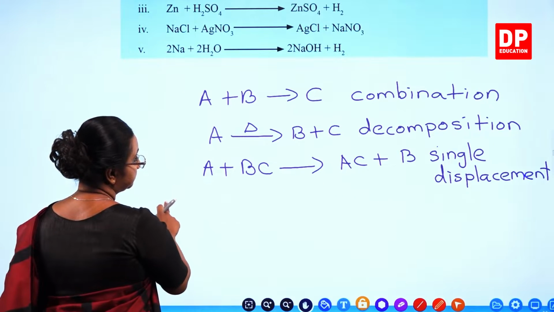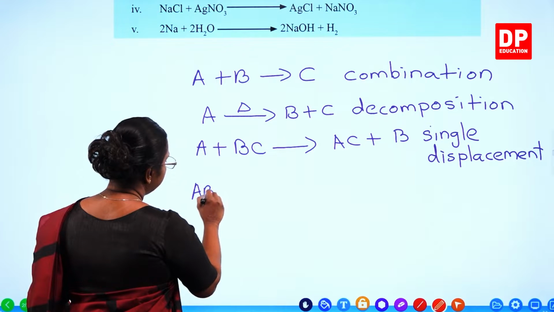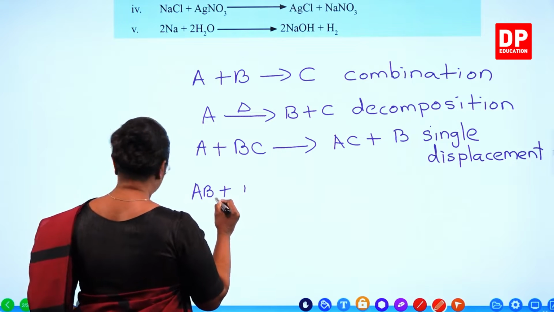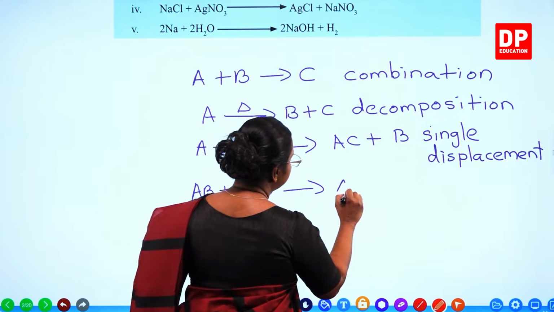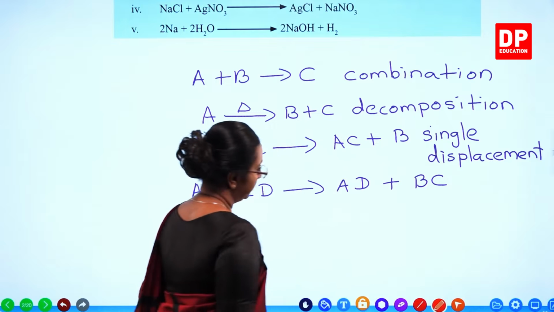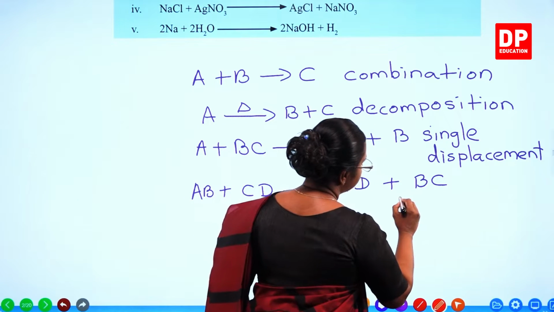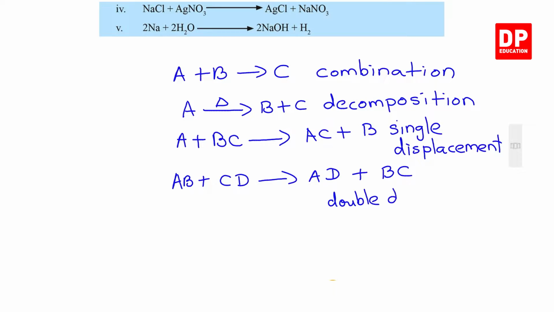And if you have AB plus CD, where A combines with D and B combines with C, then of course this is a double displacement.